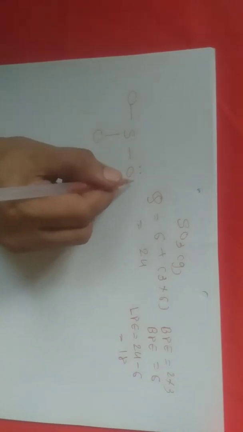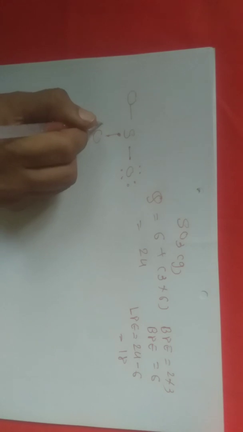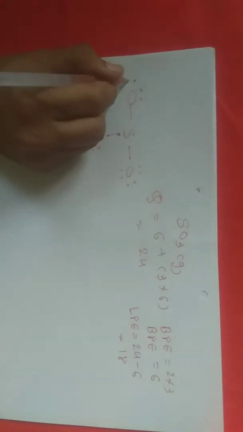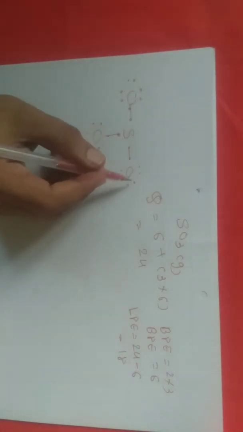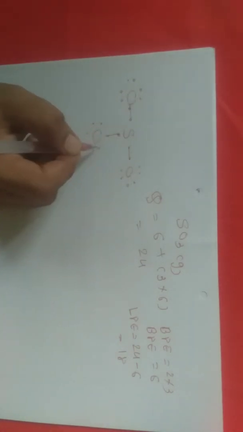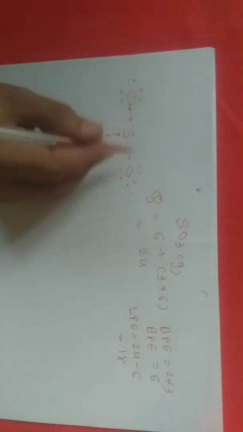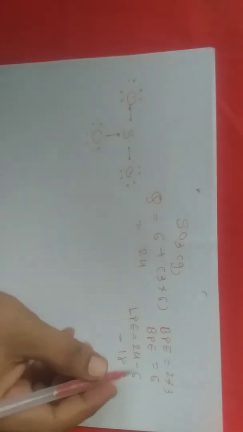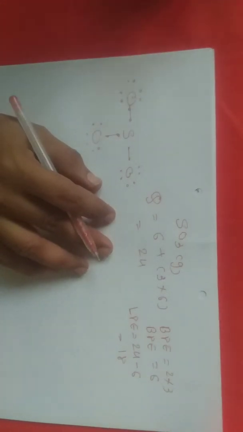I have to put these 18 electrons in a way that maintains the octet of the corner atoms. So 6 lone pair electrons with this oxygen, 6 with this one, 6 with this one. So a total of 18 electrons are utilized in these 3 corner atoms.